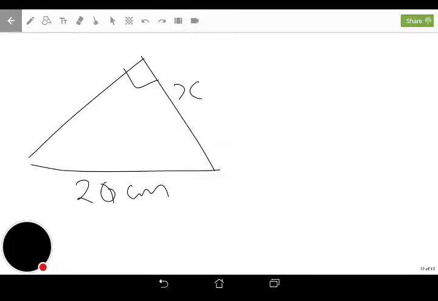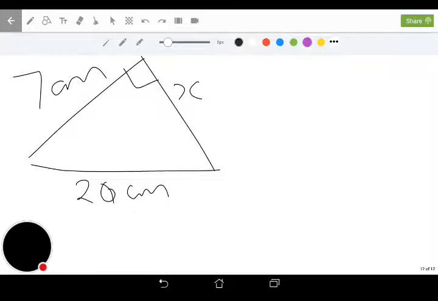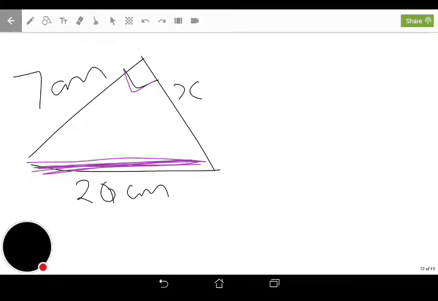We want to find this length, and we know that this is 7 centimetres. The first thing you would do again is just identify whether you're finding the longest length or the shorter length. Now, because the longest is opposite the right angle, this is 20 centimetres, it means that we're finding one of the shorter lengths. So the calculation we will be doing is take away.